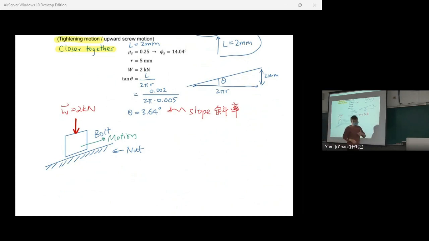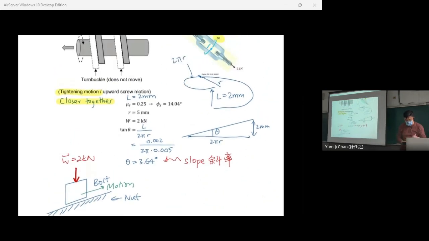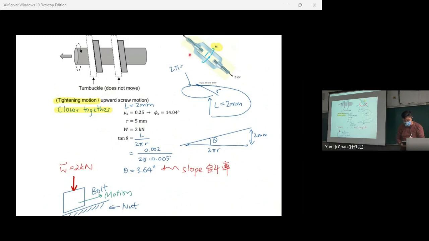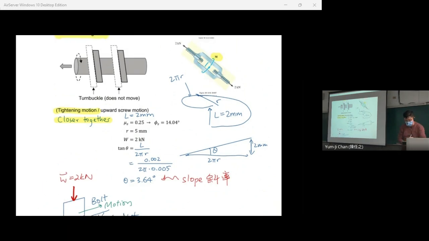Now, we will put a moment to the turnbuckle to put them closer together. So how do we draw M here? The first thing, because we have 2 screw threads, half of M goes to the left screw and half of the moment goes to the screw on the right. That's the first thing.